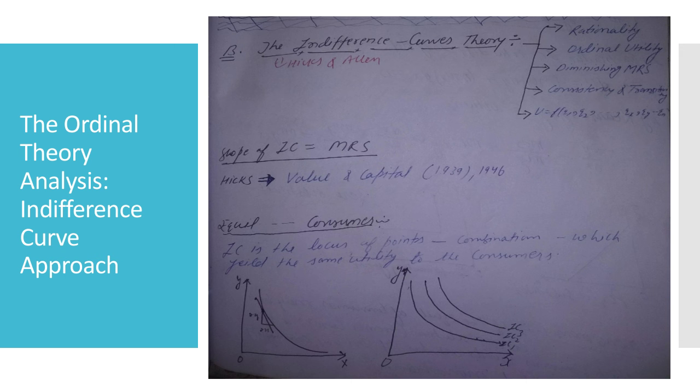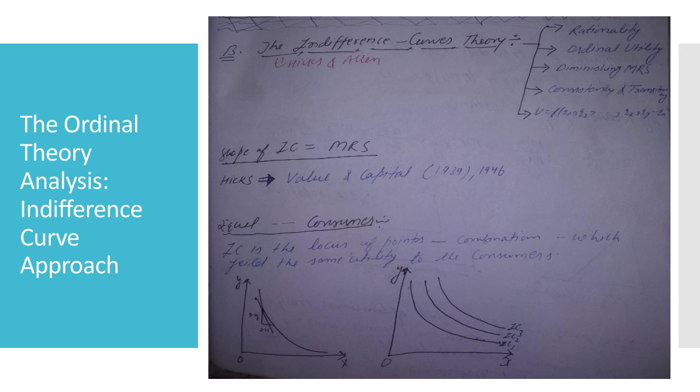And if preferences are based on such combinations, then this axiom may apply, that the marginal rate of substitution may diminish over a period of time. So that's why this assumption is related to that.